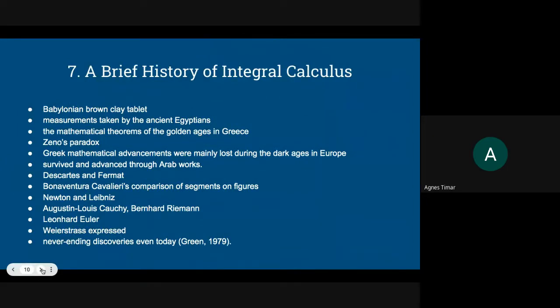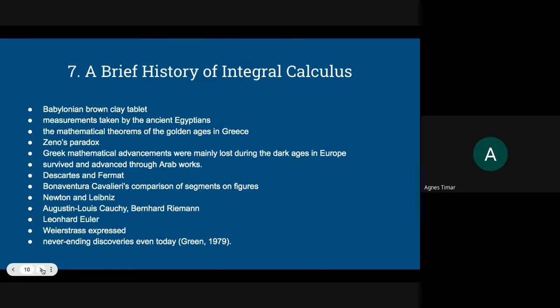Throughout our course, we learned calculus from a historical perspective. We learned about the Babylonians, how they made their brown clay tablets that actually fit in the palm of our hand. We looked at the Egyptians with their measurements. Then later on, the Golden Age in Greece. However, all these ancient mathematicians were not able to shine light onto infinity, and that was seen in Zeno's paradox.